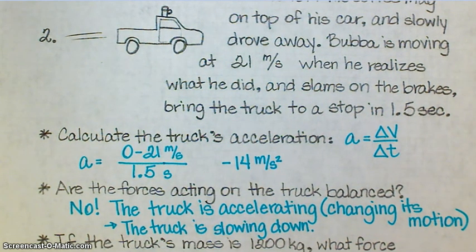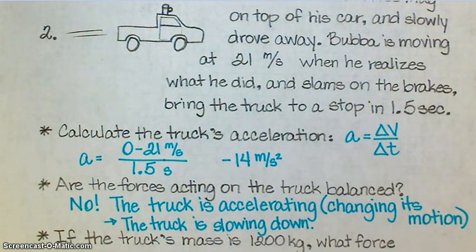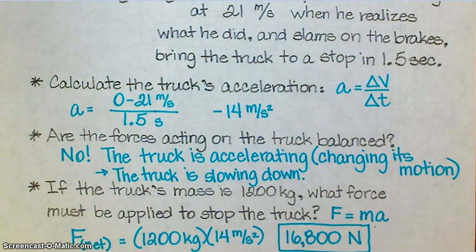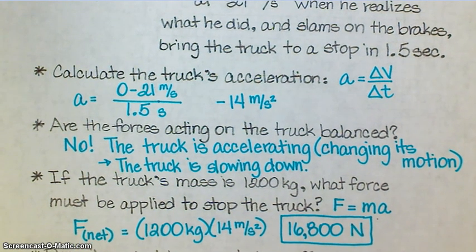Okay, next, if the truck's mass is 1,200 kilograms, what force must be applied to stop the truck? Well, force, more specifically net force. Net force is mass of an object times its acceleration. And in this case, I'm not going to worry too much about the negative sign because the negative sign just meant that that was slowing down.